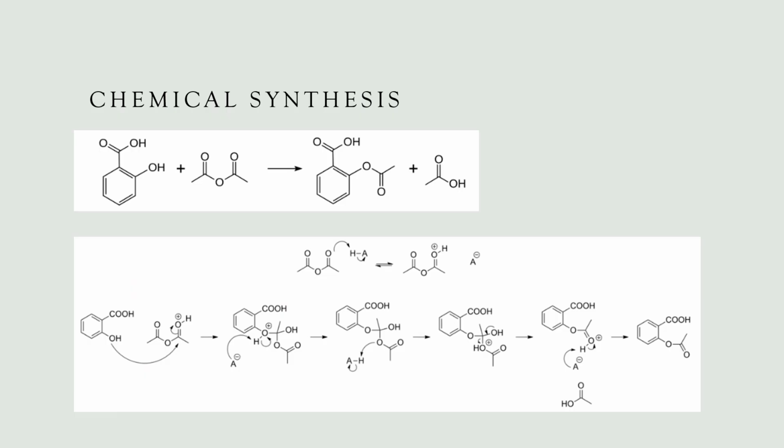Next, I'm going to talk about the synthesis. The synthesis of aspirin is classified as an esterification reaction. Salicylic acid is treated with acetic anhydride, an acid derivative, causing a chemical reaction that turns salicylic acid's hydroxy group into an ester group.